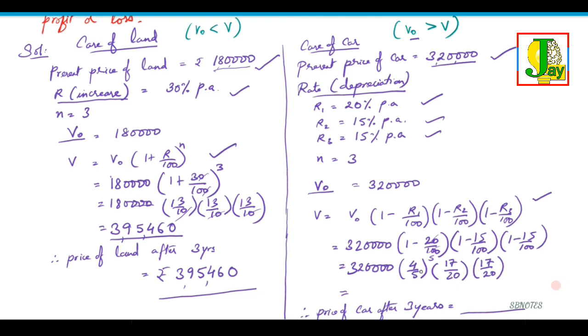Now on calculation, we cancel the zeros, and 20 goes 160 times. So 160 into 4 into 17 into 17. So that's rupees 1,84,960. So 1,84,960 is the price of the car after 3 years.